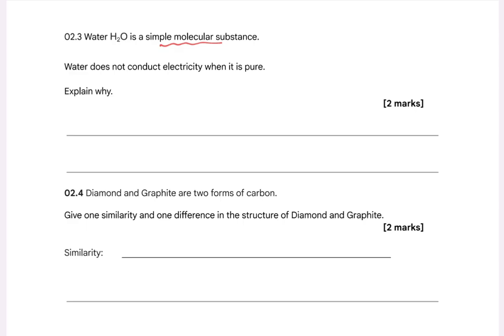It's a simple molecular substance, and therefore the simple molecular substance has no charged particles. So electrons are negatively charged, ions are obviously either positive or negatively charged, and so because water is a molecule, it has no charged particles.